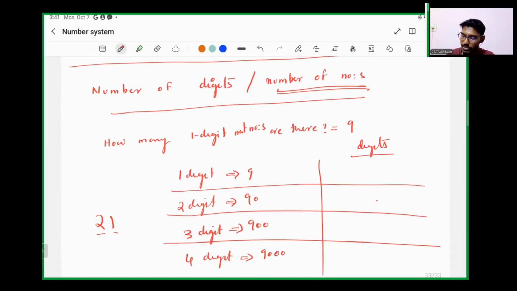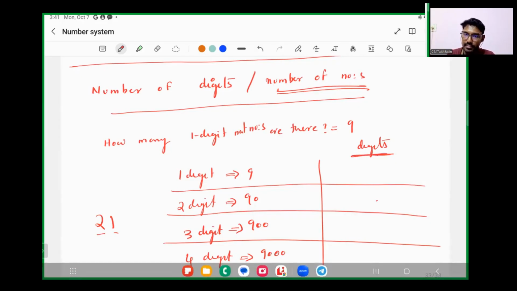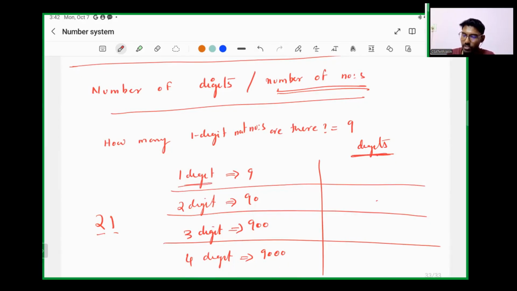Similarly, I am going to ask you how many digits are there in all the 1-digit numbers taken together?